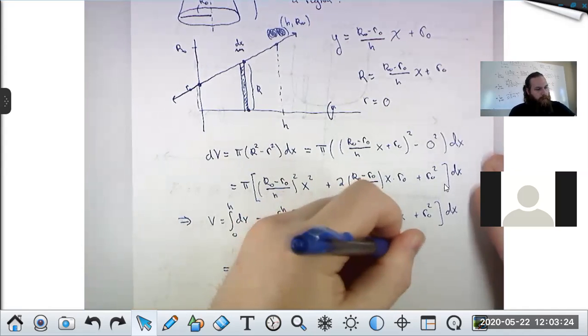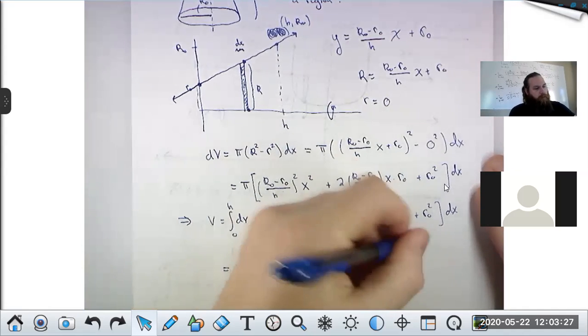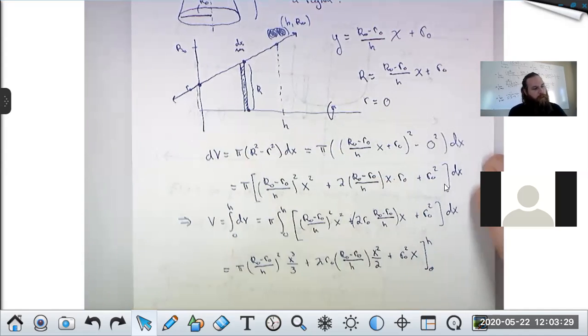And then little r naught squared integrates to x. So that's what we get, and we evaluate from 0 to h.